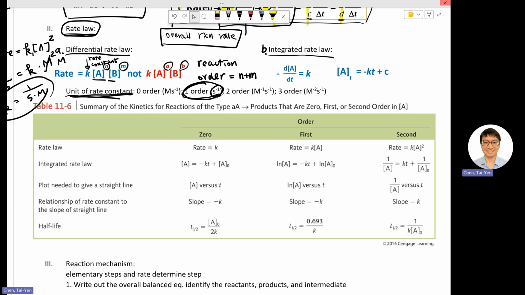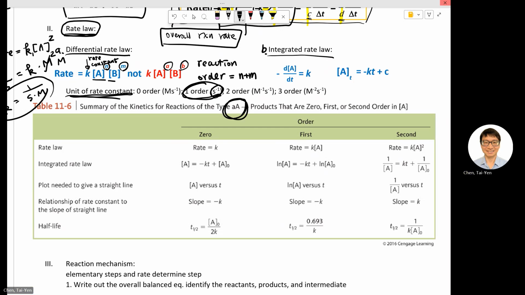The first thing you need to know is, this is a chem class, so the integrated rate law will only show up for the simplest case. When I say simplest case, I mean a single reactant reaction. A single reactant reaction, in this case just A, where A becomes something else.